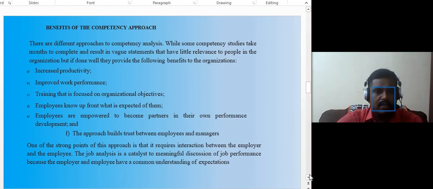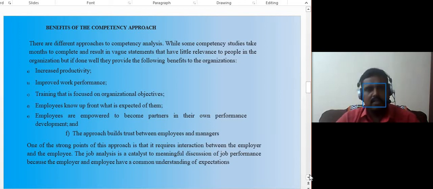These are all the benefits of the competency approach. Particularly, it increases productivity, improves working performance, and gives training that is focused on organizational objectives. The employees are empowered to become partners in their own performance development.